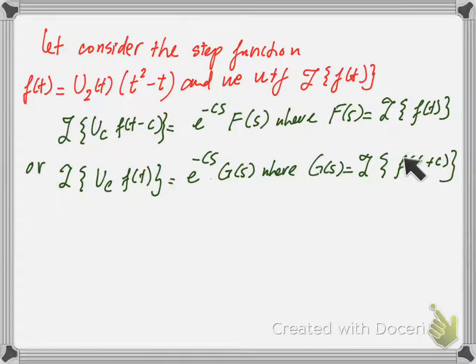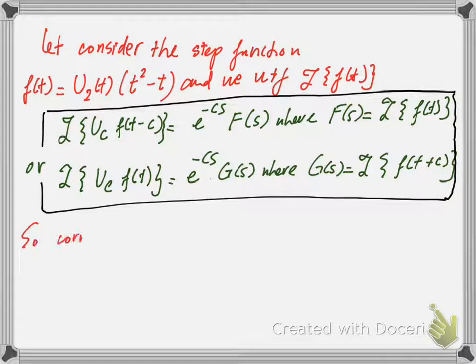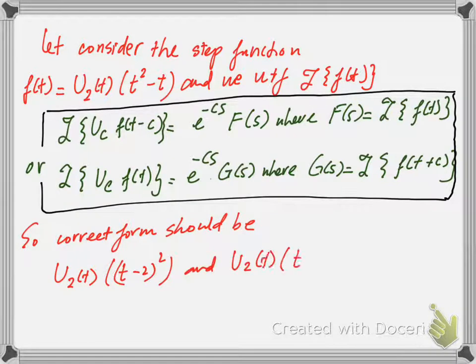So you have to find the Laplace transform of f(t + c), where t + c is the input of the function. Keep that in mind. Before we can find the Laplace transform of a step function, you need to put it in the correct form.